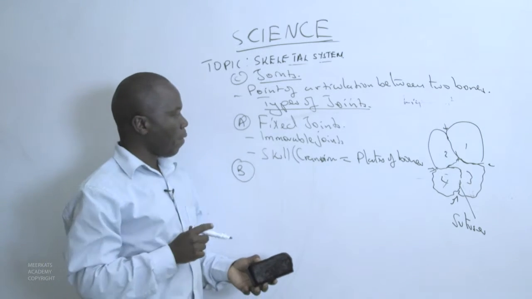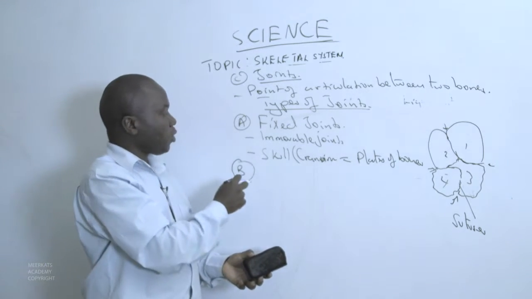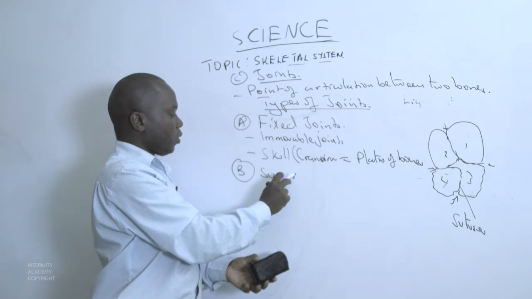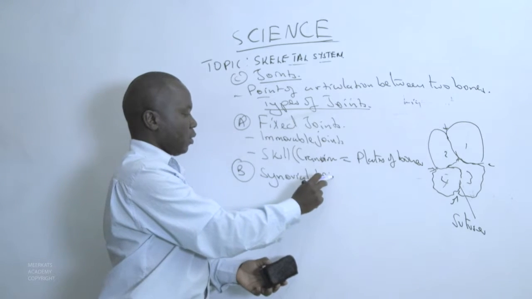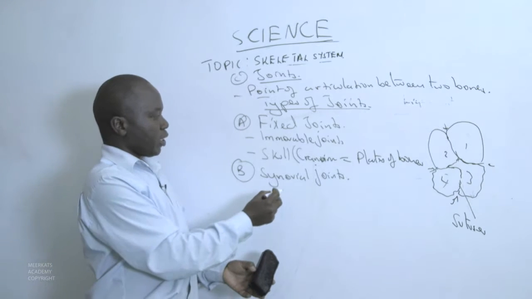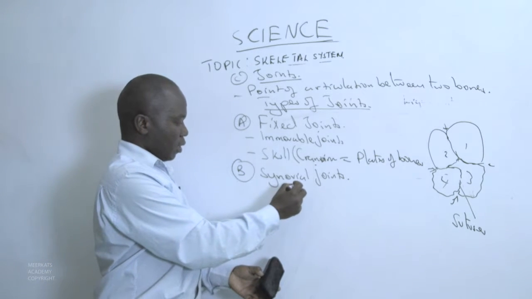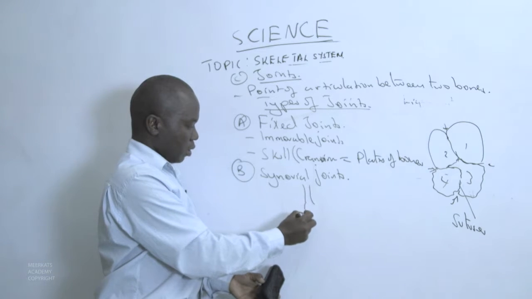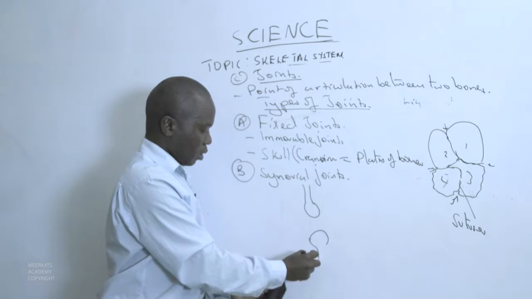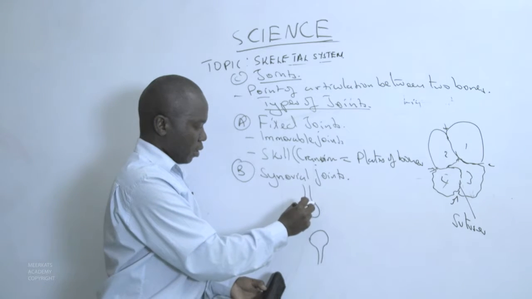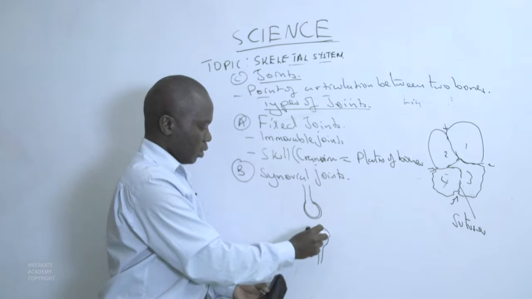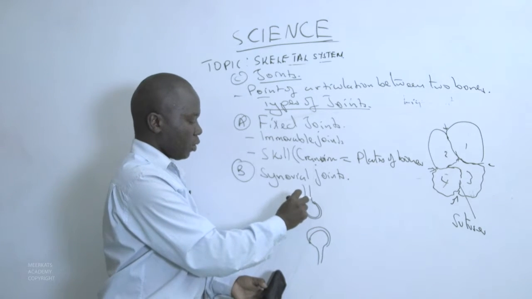The other type of the joints, we have synovial joints. Now for synovial joints, if that's the bone and another bone like that, remember that is cartilage to reduce friction.